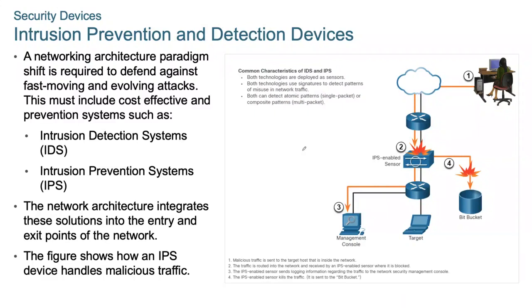In this diagram, in the first step, let us consider this user is a malicious user. The malicious traffic is sent from user 1 to the network, to the target host that is inside the network.